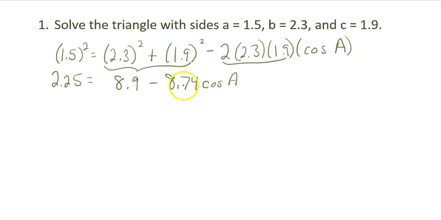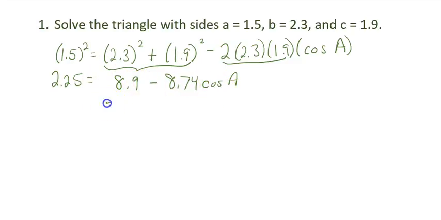You cannot do that because this 8.74 is attached to the cosine of A by multiplication. It's like trying to say 5 minus 3x. You can't work with that 5 and the 3 because they both don't have the cosine of A.